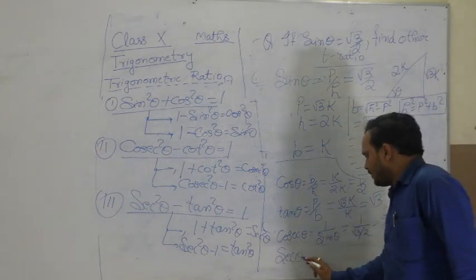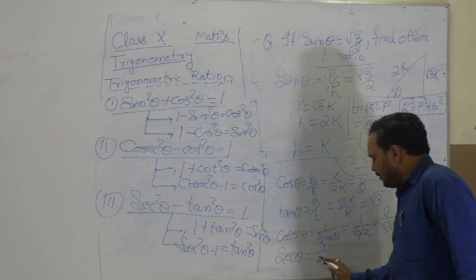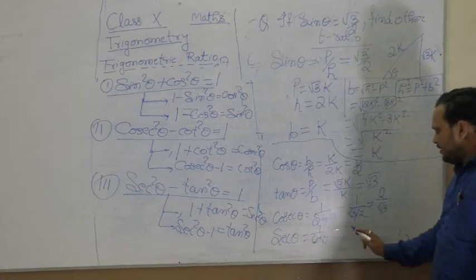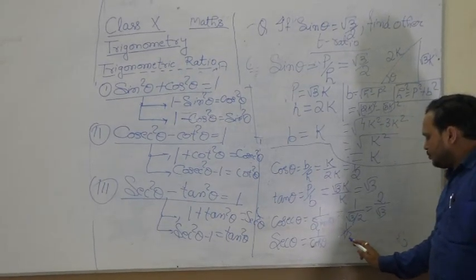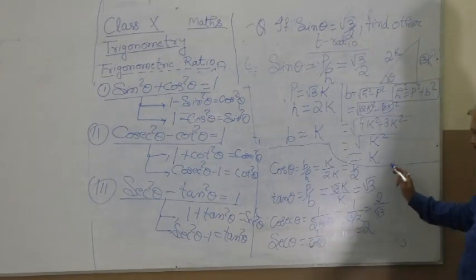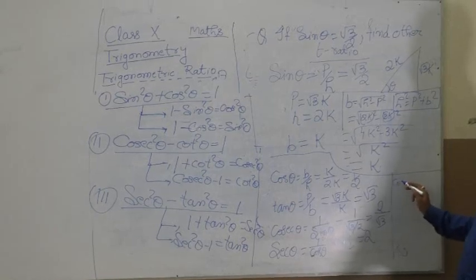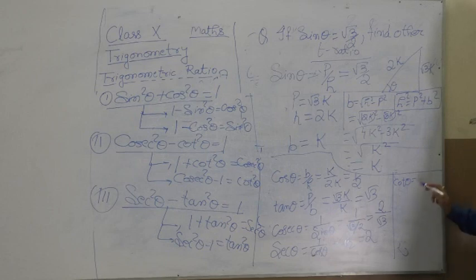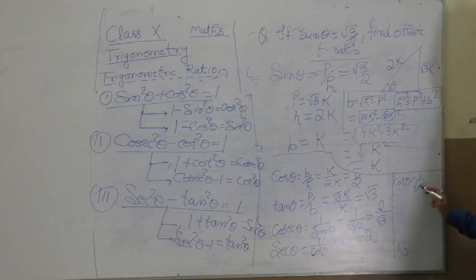Sec theta is the reciprocal, 1 by cos theta, and the value of cos theta is 1 by 2, so it becomes 2. And the last one, cot theta. The value of cot theta is the reciprocal of tan theta, and the value of tan theta is root 3, so it becomes 1 by root 3.